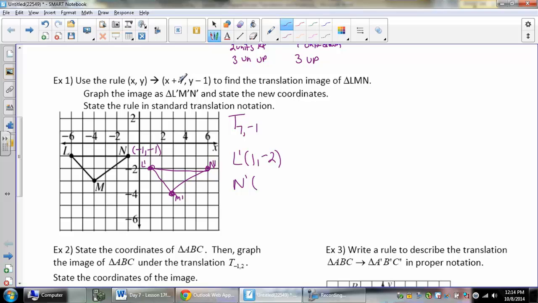And if I increase x by 7, I get 6. And if I decrease y by 1, I get −2. And this is (6, −2). And then last but not least, M prime is going to be (3, −4). All right. So there you go. There's a translation image. This slid down, and I'm good to go.